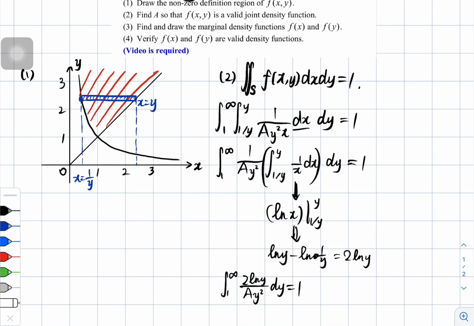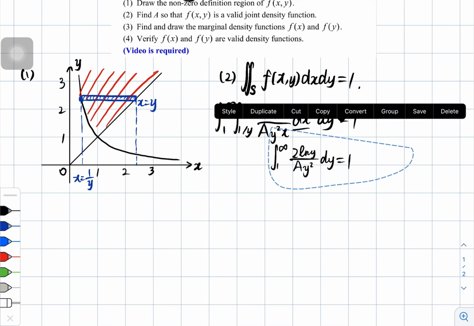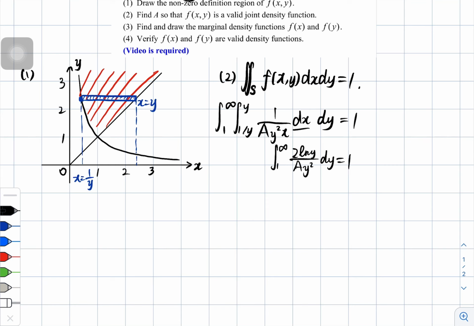Oh, sorry. Then we take 2 over a out. This is something like this. This is 1. So a equals 2.